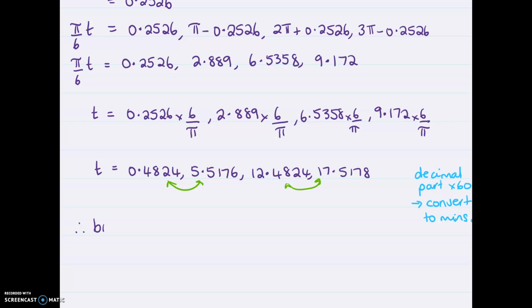You should be able to see that the boat can pass between, so the first amount of time is, if you do 0.4824 and times by 60, you get 28.944, so almost 29 minutes. That's 29 minutes past midnight. So it can pass from that point to, and if you do the 0.5176, you get about 31 minutes.